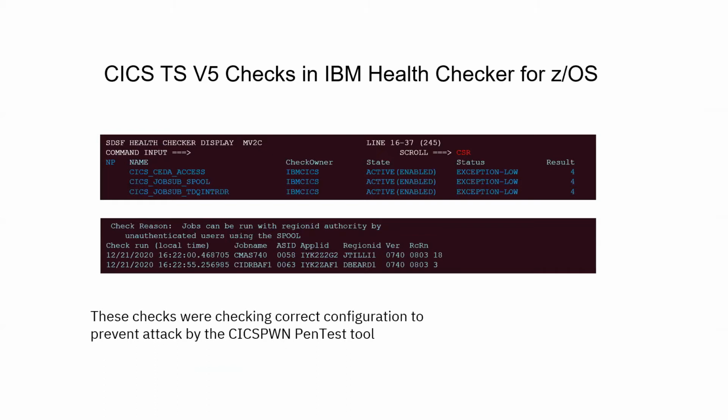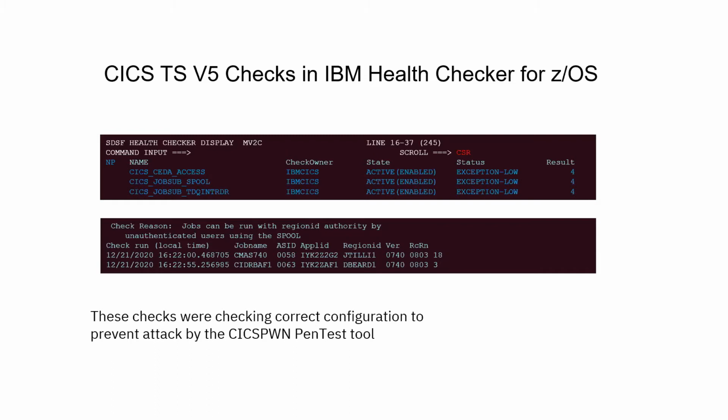We introduced health checks into CICS in version 5, specifically to address a problem identified by a pen test tool, which could cause problems on a poorly configured system. What it was looking out for was if the default user ID had access to critical resources such as CEDA and CEKI, and also the system was able to submit JCL.